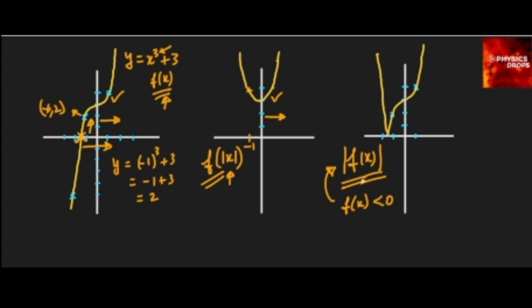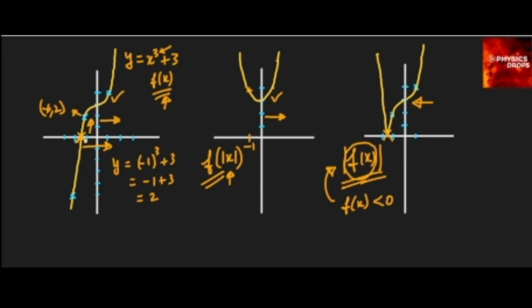So the value of the function is positive. When you take the absolute value of a positive value, you get the same positive value. So the graph is going to be the same as shown here. Greater than this value of x, the graph is going to be the same as the original graph.